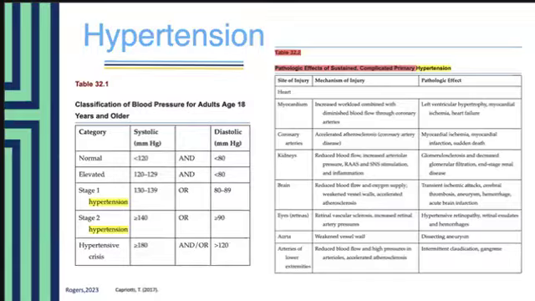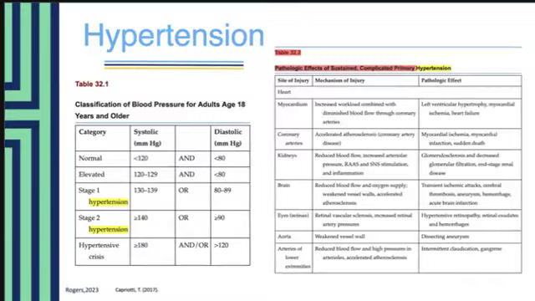So primary hypertension accounts for about 90 to 95% of the cases and has no identifiable cause, basically. The pathophysiology involves a complex interplay between genetic and environmental factors that can lead to increased peripheral vascular resistance, increased cardiac output, or even a combination of both.